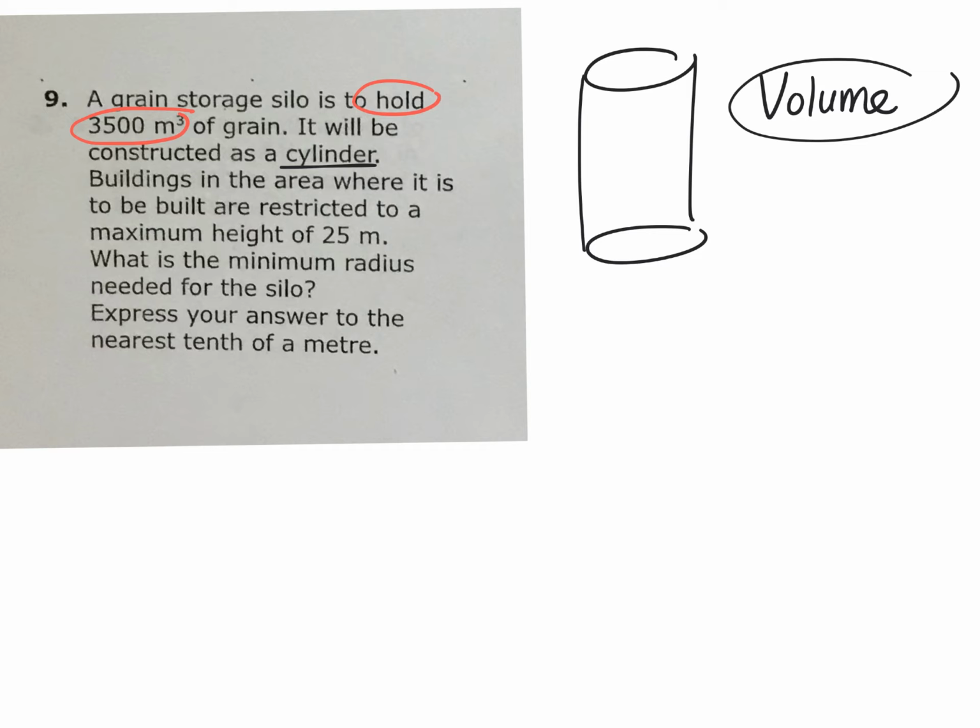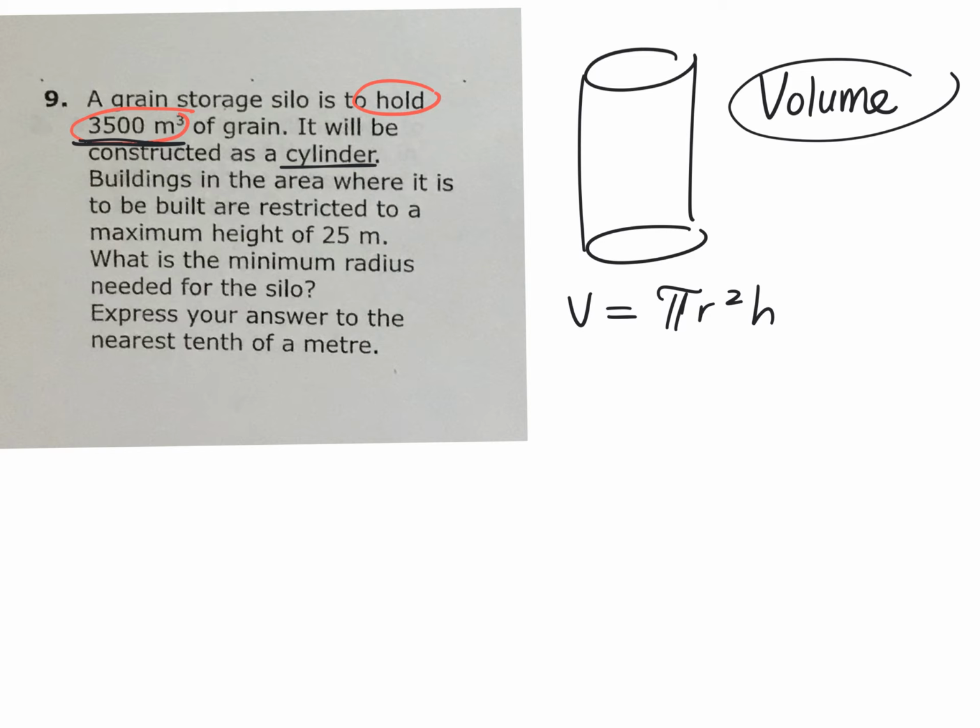So we know that we're going to be using a formula for volume of a cylinder, which is pi r squared h, or what we've just been doing, pi times r times h, right? Okay, so we're actually going to just leave it like this for this question. We know the volume is 3,500 meters cubed. That's what they told us in the question.